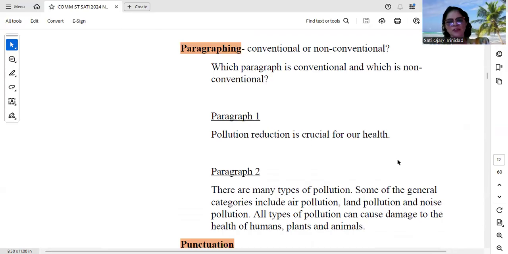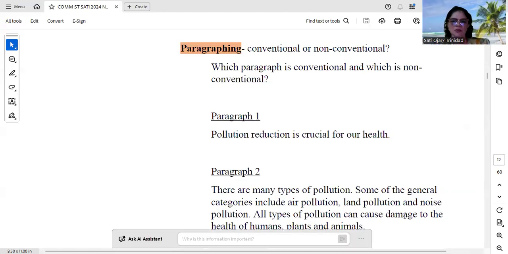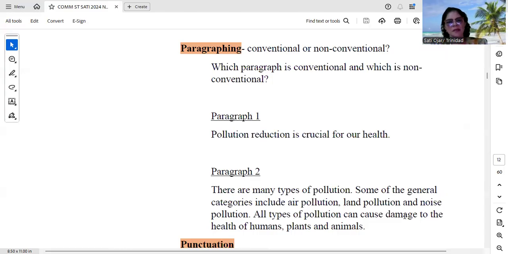Paragraph 1: Pollution reduction is crucial for our health. Paragraph 2: There are many types of pollution. Some of the general categories include air pollution, land pollution, and noise pollution. All types of pollution can cause damage to the health of humans, plants, and animals.